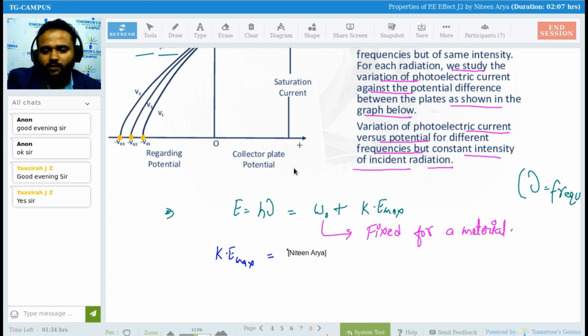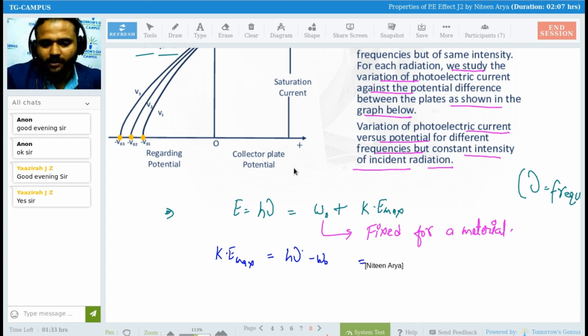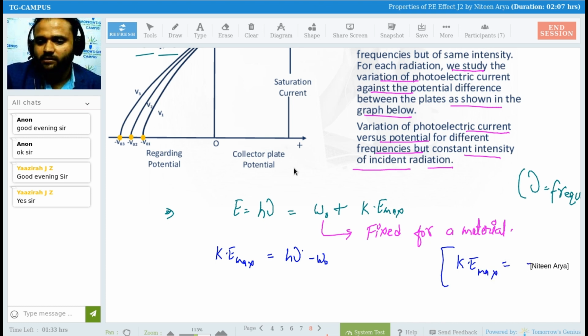So if it is fixed for a material, then your K_e max is going to be hν − W₀. So the more the frequency, the more the kinetic energy, and the more the kinetic energy, the more the stopping potential. And we know K_e max is eV₀.